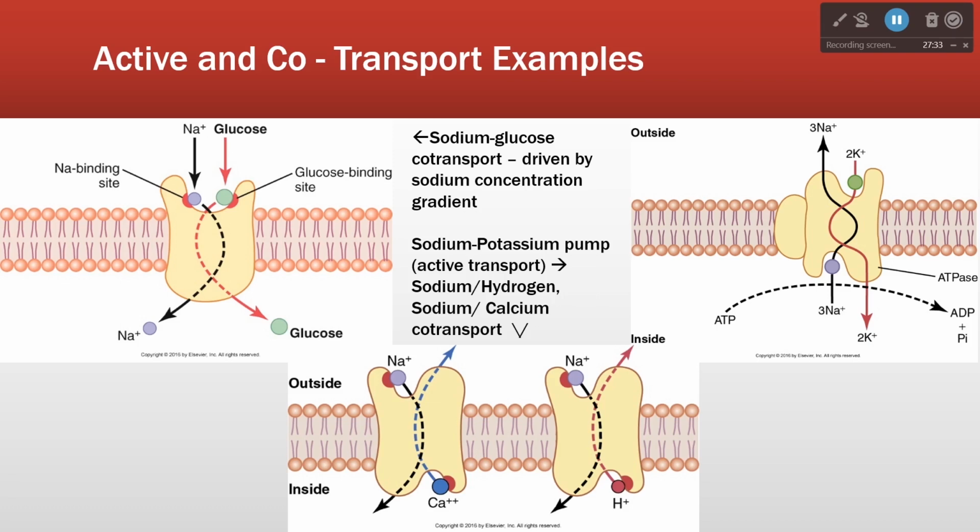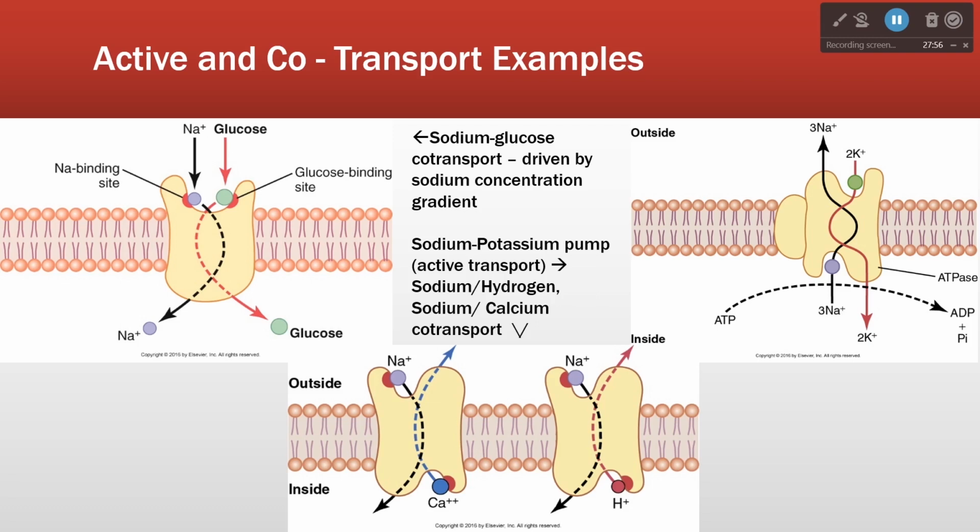That's down its concentration gradient. There's an energy there, okay? Well, as the sodium moves down, it makes this protein change its shape so that the glucose is sort of pushed down into the cell as well. Now, this is sort of a double whammy because glucose is also moving down its concentration gradient, right?